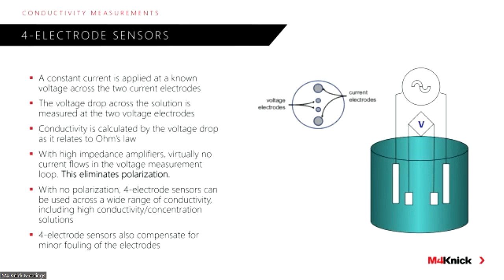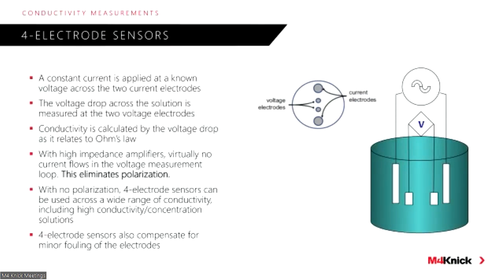And the way this works, we simply implement another pair of electrodes. We have a constant current that is applied to the two current, or the outer, electrodes, if you will. And then we have a voltage drop across the inner voltage electrodes, and that's measured specifically to the conductance of the fluid that we're in.